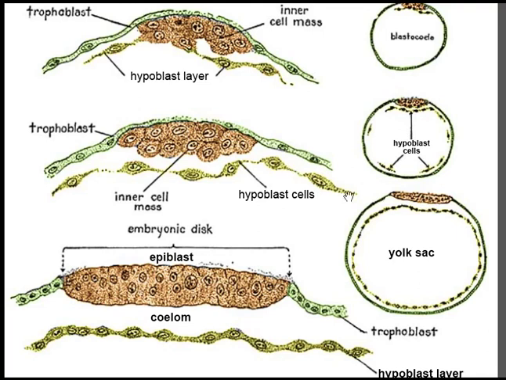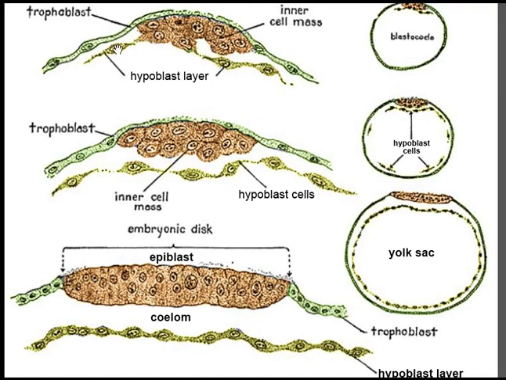The first stages of gastrulation produces a hypoblast layer and a yolk sac. This image shows a low power view on the right and a high power view of the inner cell mass region on the left. And there are three levels, an earlier, intermediate, and then a later stage of development. What we see happening first is delamination of the inner cell mass.